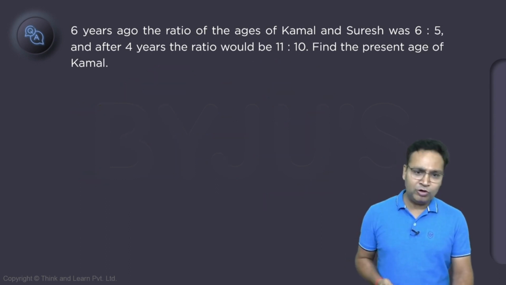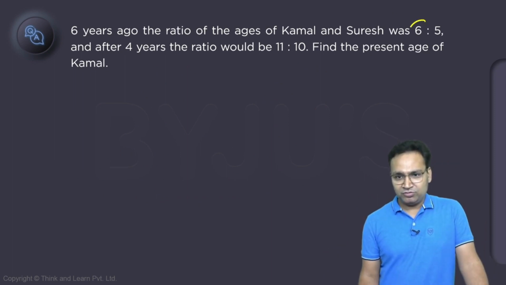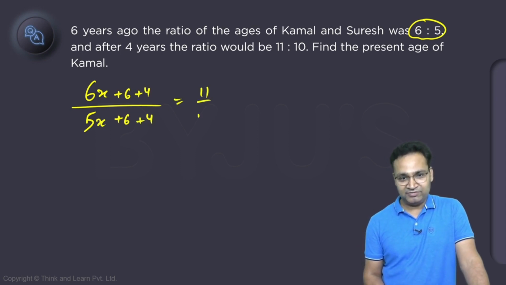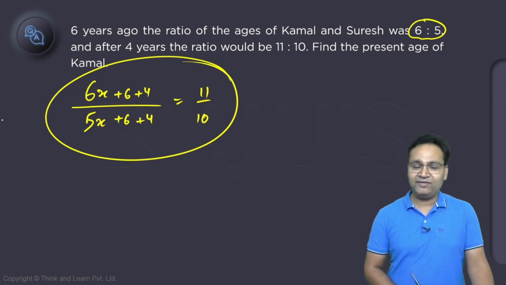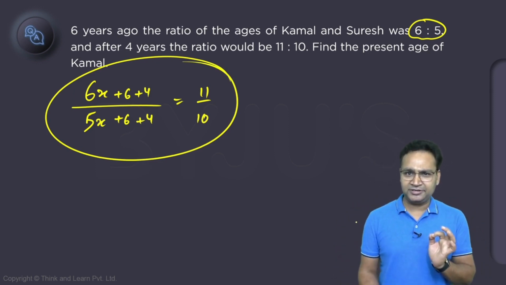If you still want to get into equations, right, then the better way is you assume the ages are 6x and 5x. These are the ages 6 years ago. So current ages are plus 6, plus 6. Even 4 years later, plus 4, plus 4. This is 11 by 10. At least you will have one equation, one variable, better than the dirty method.